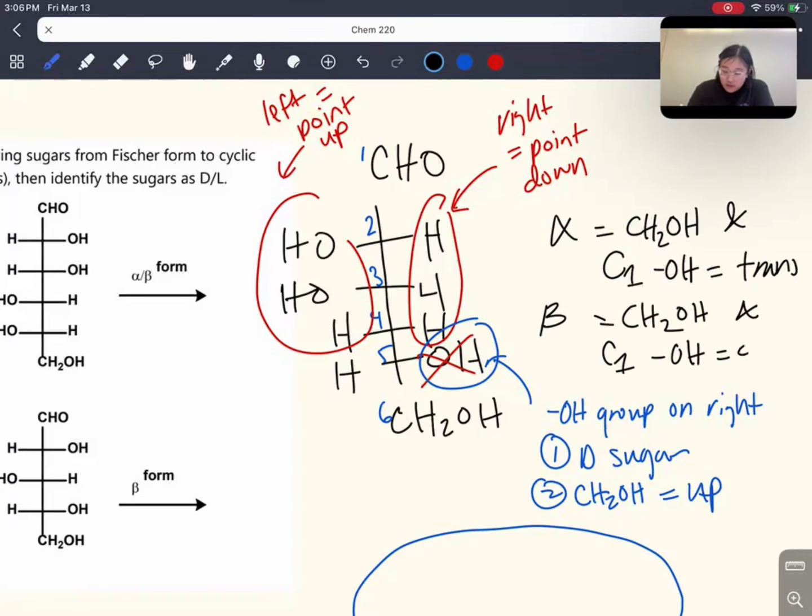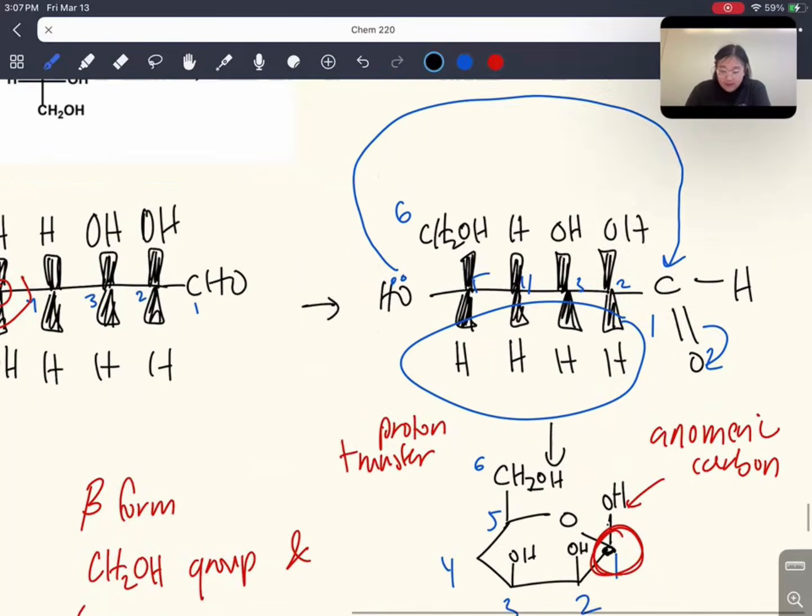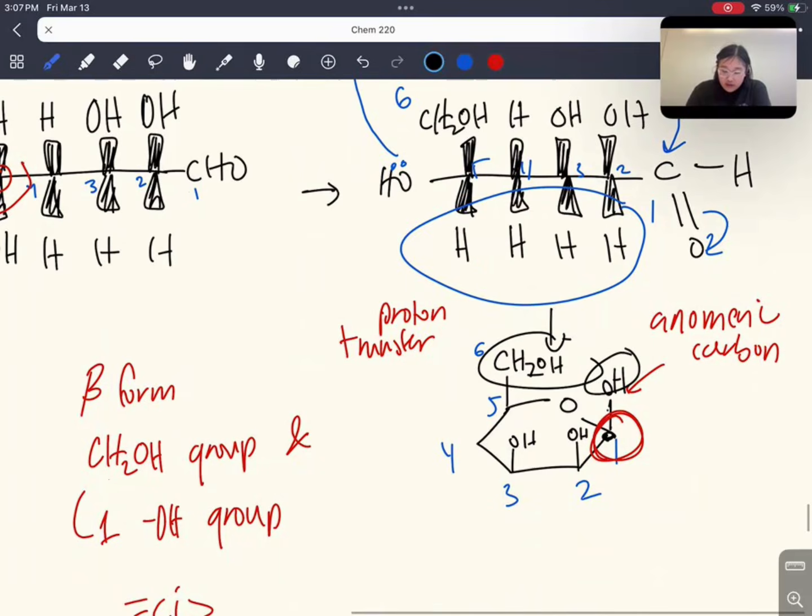The way I like to remember that is if you imagine these two groups together, if they're closer together, on the same side, there's more steric hindrance between them. Steric hindrance is a bad thing, so that would be the lesser form, the beta form. Versus if they're trans to each other, there's less steric hindrance, and therefore it'll be the alpha form.